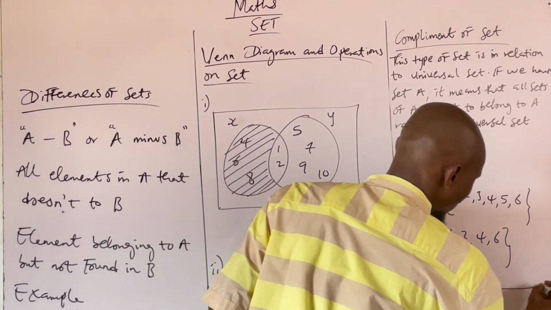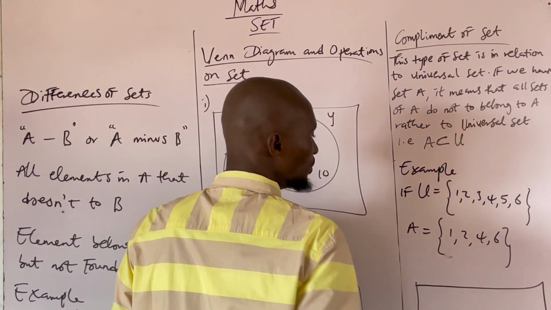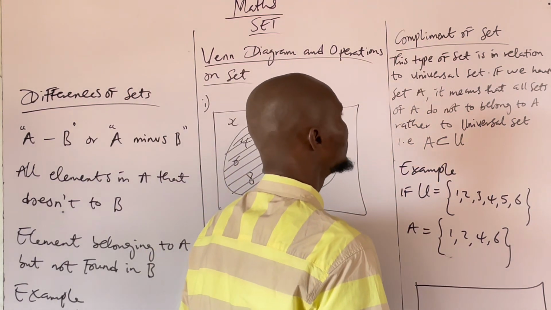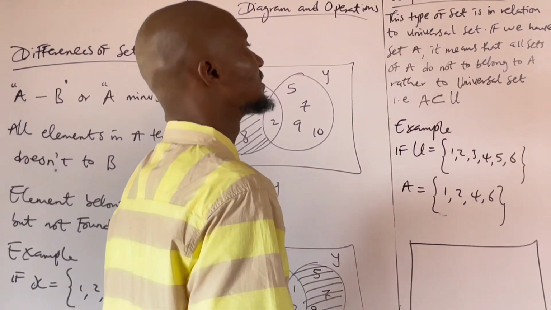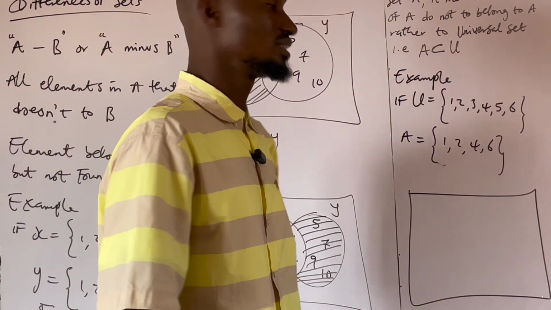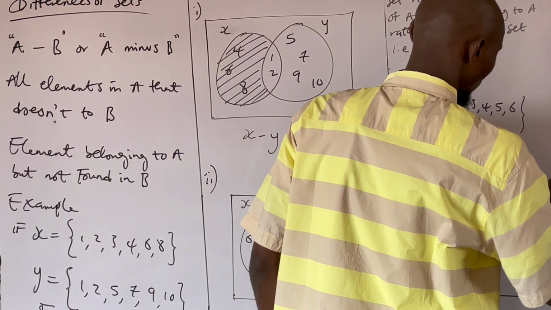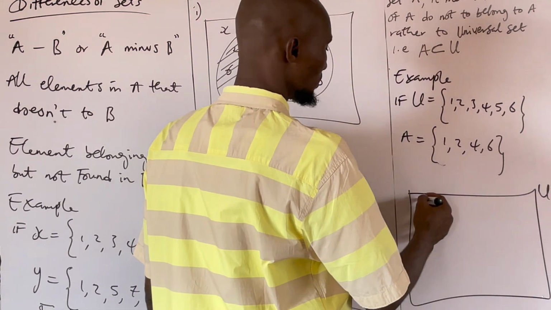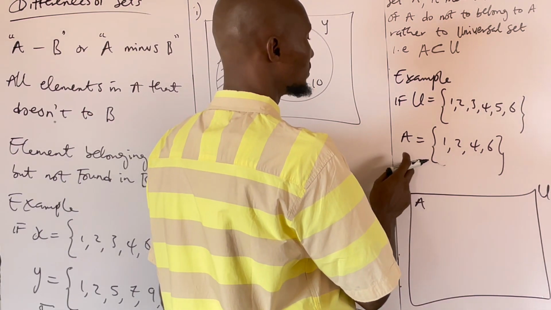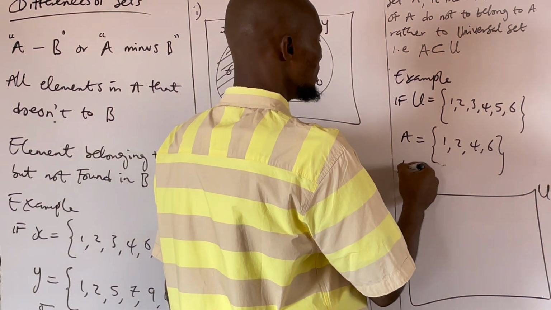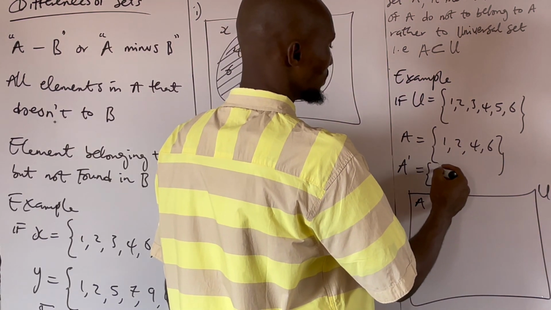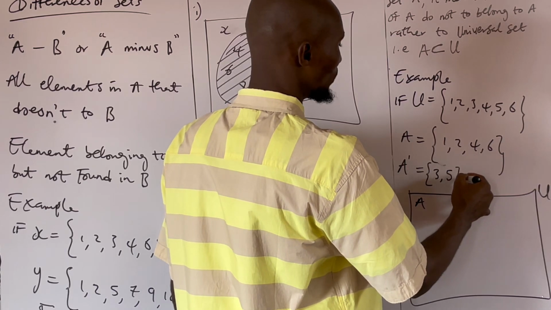Using a Venn diagram now. Remember we said that all elements of A do not belong to A, rather to the universal set. So here is the universal set, and we have A here. So here now, A complement is equal to 3, 5.